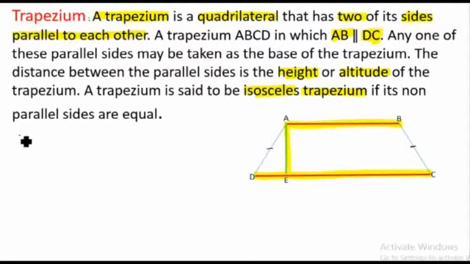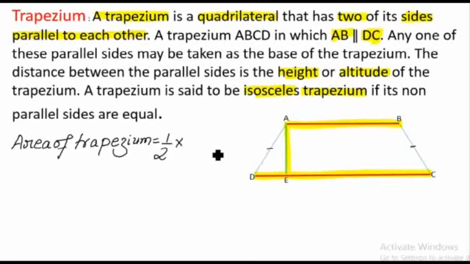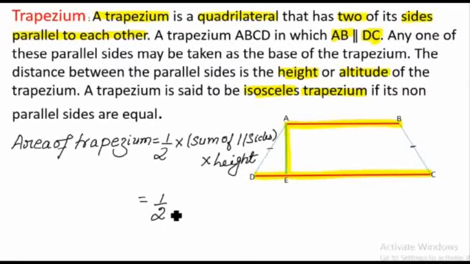Now to find the area of a trapezium, the formula is 1 by 2 into sum of parallel sides into height, or we can write 1 by 2 into AB plus DC into AE.